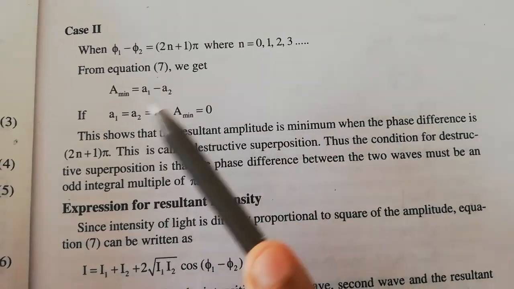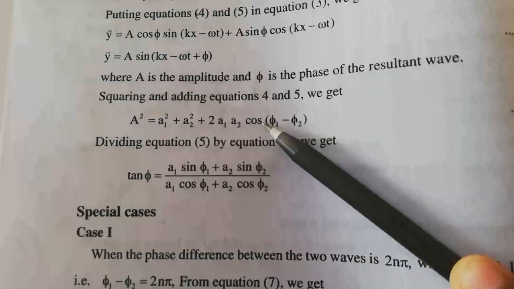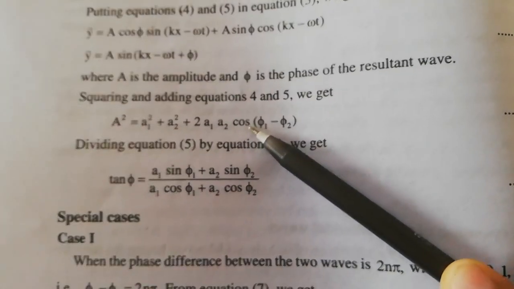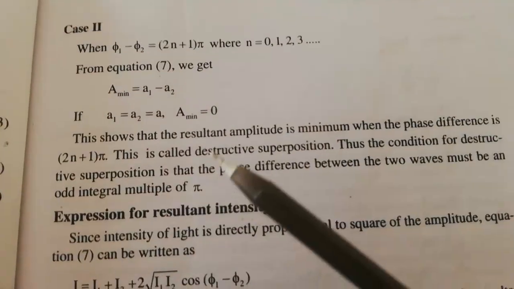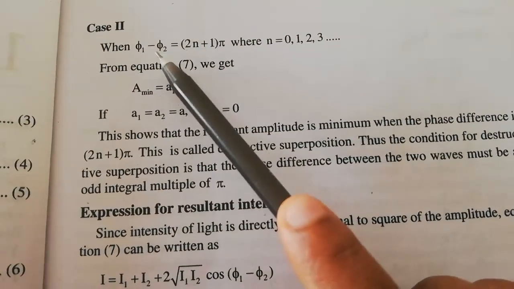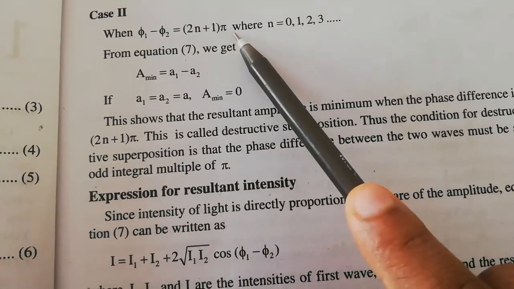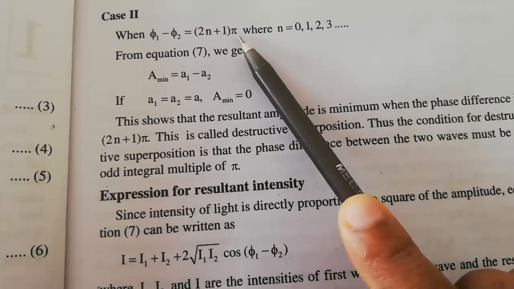From the equation we have derived, that is equation number 7, a square is equal to a1 square plus a2 square plus 2a1 a2 cos phi 1 minus phi 2. From this, we know phi 1 minus phi 2 is equal to 2n plus 1 pi, so the cosine will be minus 1.